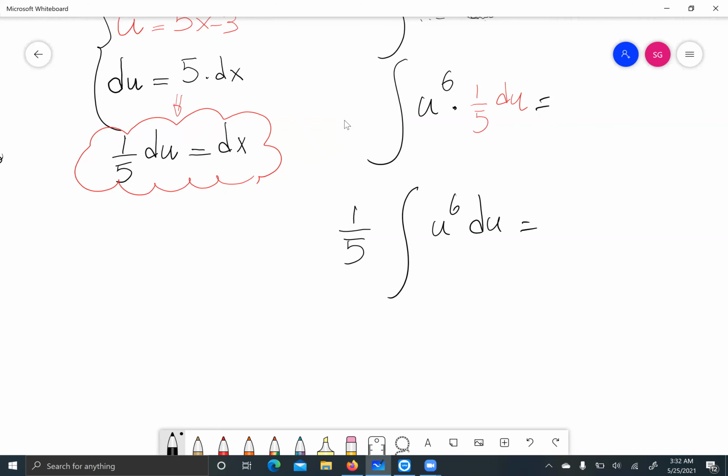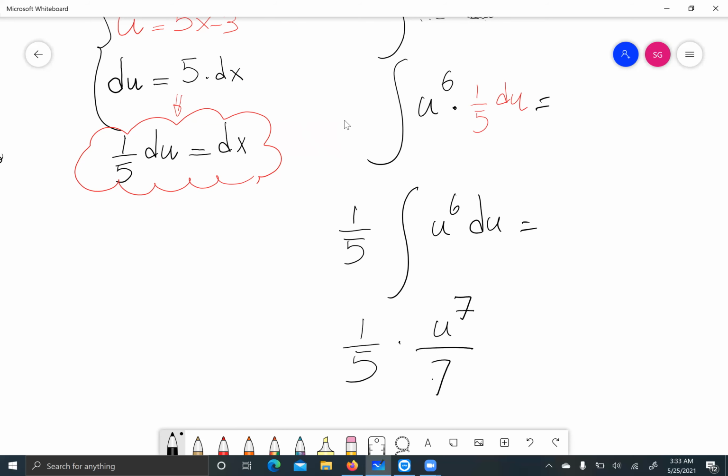This is very nice. At this step, we reached a basic integral, a basic function. This is a power function, and we are taking the integral of u to the 6 with respect to u. So now you can apply the antiderivative rule for power functions. Because it is u to the 6, it's going to be u to the 7 over 7.